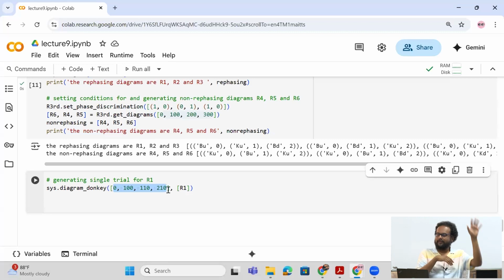And then once you've gotten your diagrams, you go to your PewDiePie's part, which is this part, run a diagram donkey for one of those pathways, like R1, for example, and it should then keep those arrival times in head, and then you could generate a 2D coherence response. If this is confusing, go ahead and read the paper on PewDiePie and also the readme. Hopefully, we'll improve this and make it more and more user friendly, so that it has all the tools.